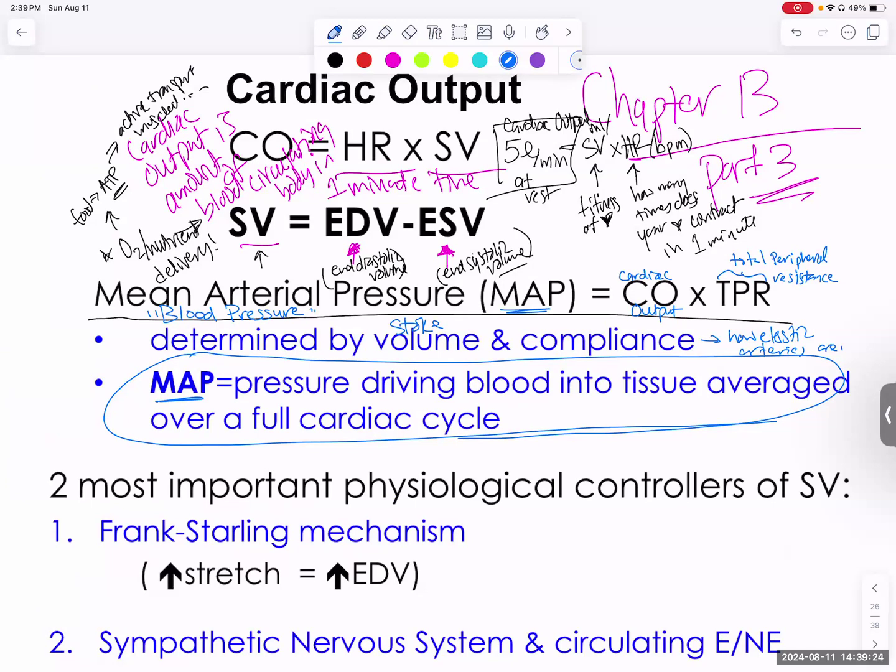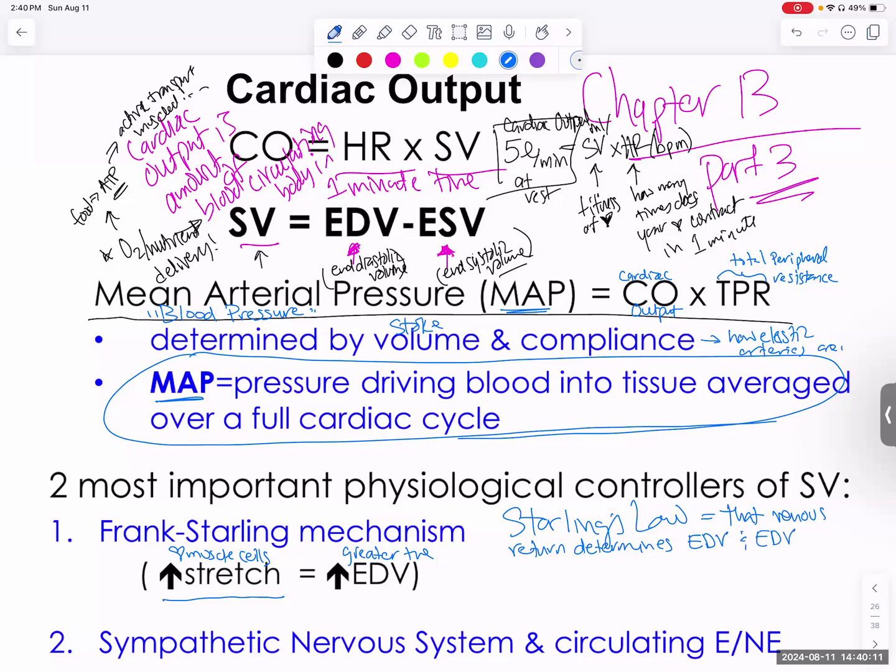The Frank-Starling mechanism, or what we call Starling's law, states that the more the heart muscle cells stretch, the greater the end diastolic volume. So if I were to ask, what is Starling's law? There is a mini video on Canvas and YouTube for Starling's law. Starling's law states that venous return determines end diastolic volume.